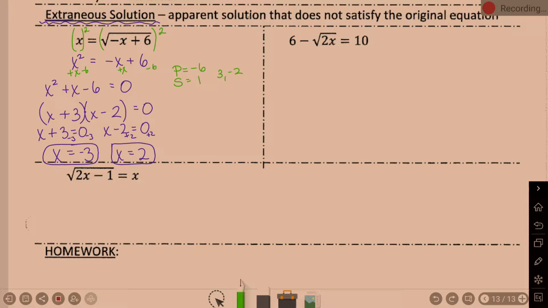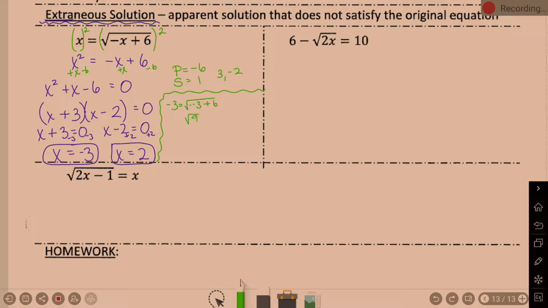Maybe I'll do this one. So if I put -3 in, -3 goes in for x, right? Equals square root of negative of -3 plus 6. Well, negative of -3 is 3.